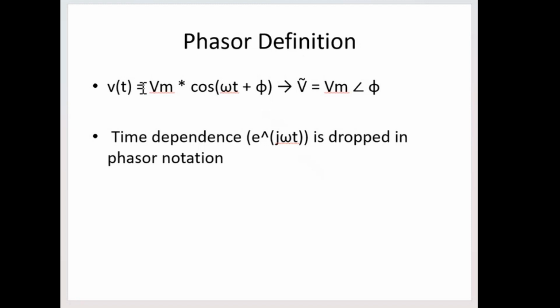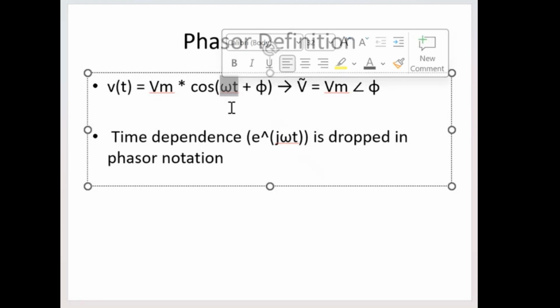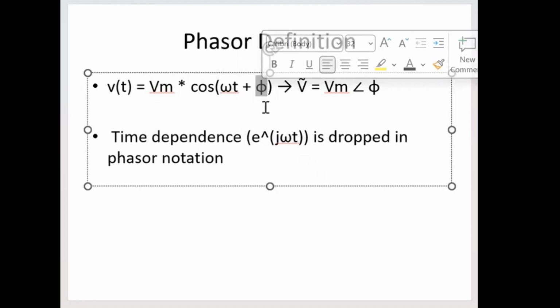This cosine function defines the voltage where the magnitude of this voltage is V_m, and then the time domain function is cosine of omega t plus phi, where omega t is the actual time dependent part of it, but phi, the phase angle, is a constant, it's not a function of time.